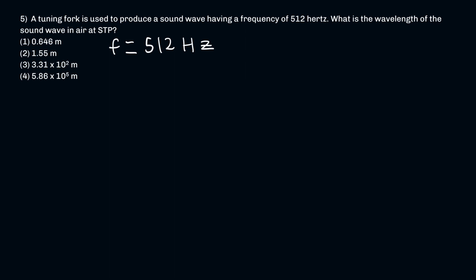All right, next thing here is what is the wavelength of the sound wave in air at STP. So seemingly, it only gives us one number in the question because it's asking us to find the wavelength. And again, if I don't know what a wavelength is, I go to the reference table, I see that it's just a Greek letter that's kind of like an upside down y, which is called lambda. This is what I'm looking for, so this is my question mark.